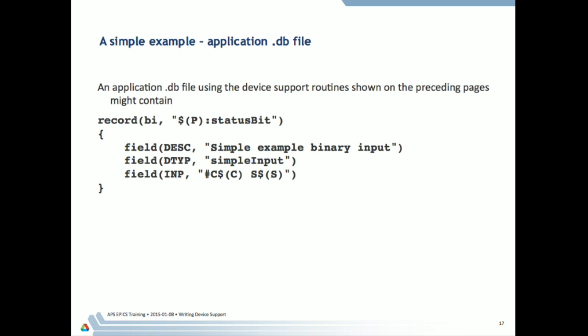So here is a database record definition that would use that device support. The DTYP is simple input, and our input, in this case, is actually a template because it's expecting parameters C and S for card number and signal number.